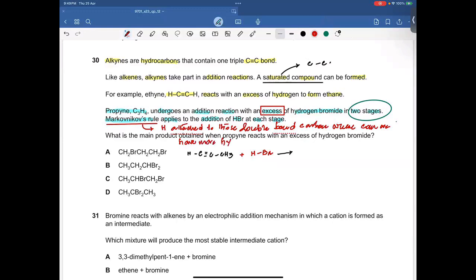In short, rich gets richer. So the carbon with most hydrogen always follows the mark.